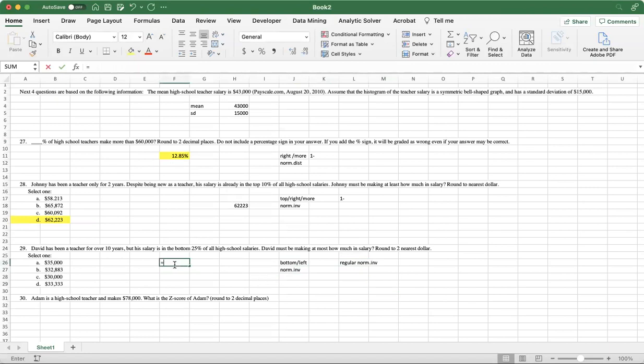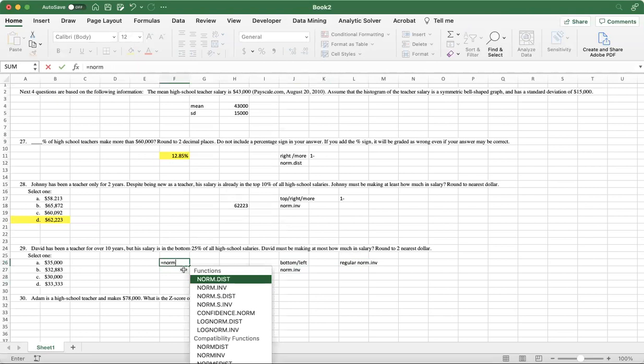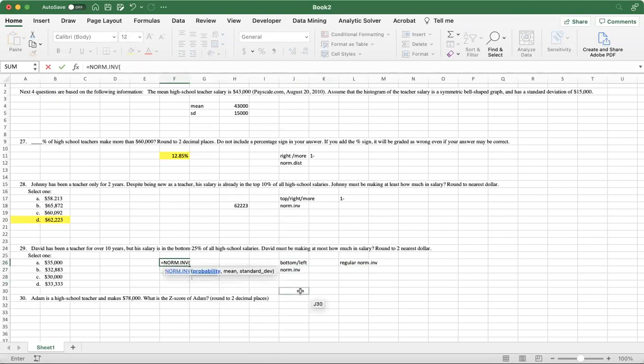Okay. So we're going to do equals norm.inverse. And our probability is 0.25, 25%, right? Our mean is 43,000, standard deviation 15,000, and there we go.